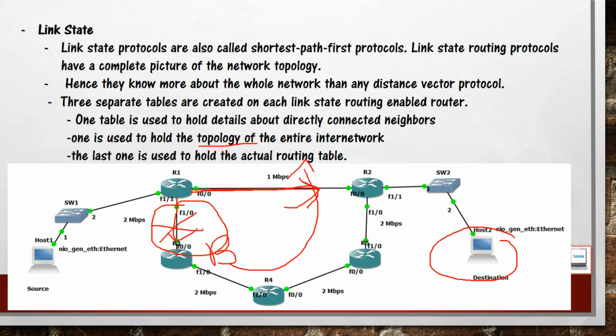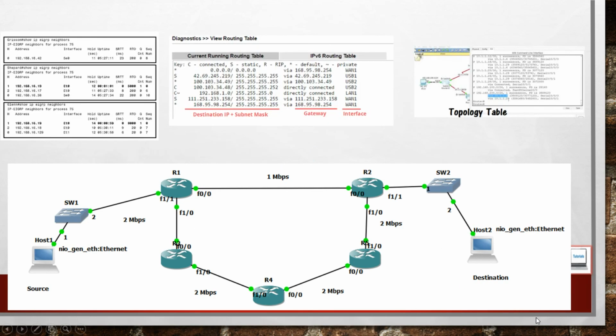So when this link goes down, it will check its topology table, find its secondary path, activate it, and put that path in its routing table. So in this way, link state routing protocols achieve convergence very quickly. As you can see in this diagram, link state routing protocols maintain the neighbor table, routing table, and topology table.